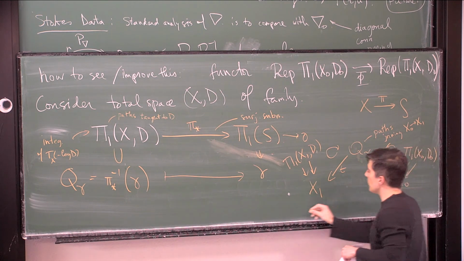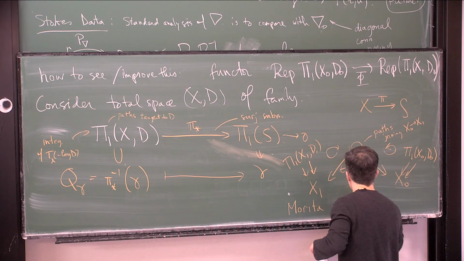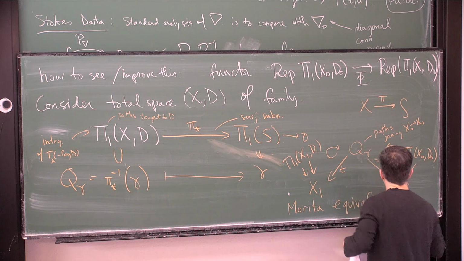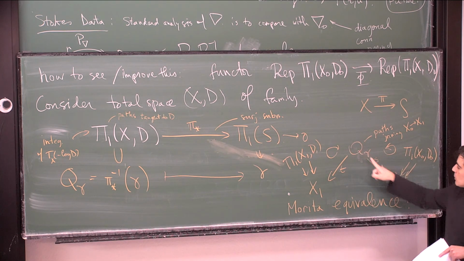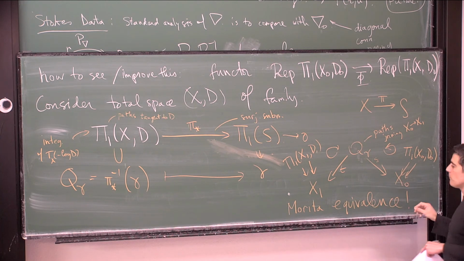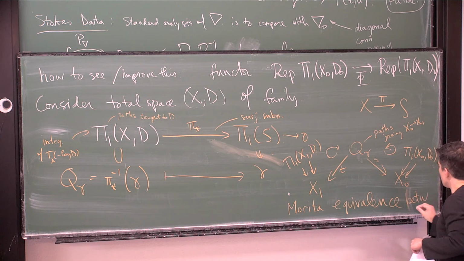And this is what we call a Morita isomorphism, or a Morita equivalence. Okay. So a Morita equivalence is a manifold which maps. This is a Morita equivalence between the groupoids.